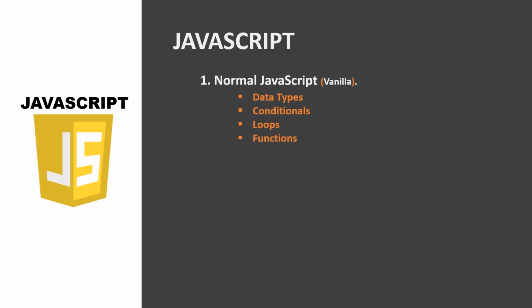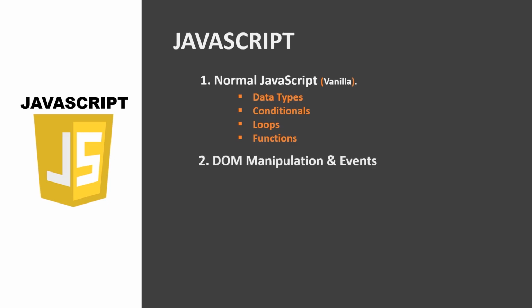Second, you need to learn the core concepts and the basics. First is data types. What are the data types in JavaScript? What are the conditionals in JavaScript? And loops and functions in JavaScript. Loops, functions, and conditions are the same as in many languages. So you don't need to worry at all when it comes to conditionals, loops, and functions. It's very easy to learn.